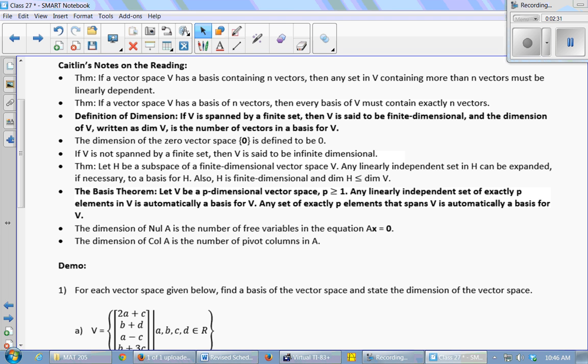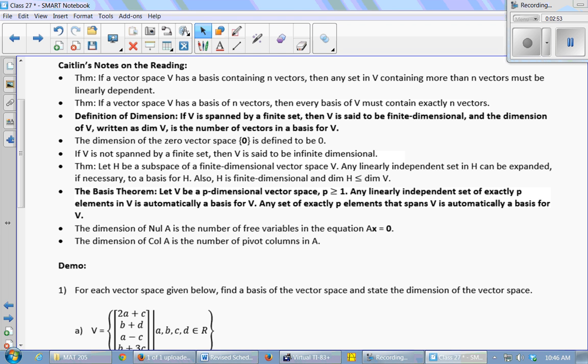And the basis theorem says that if you have any p-dimensional vector space, so its dimension is p, any linearly independent set of exactly p elements is automatically a basis for V. And also, any set of p elements that spans V is automatically a basis.